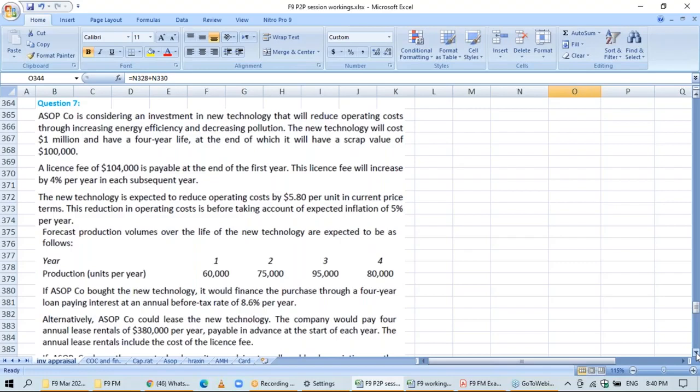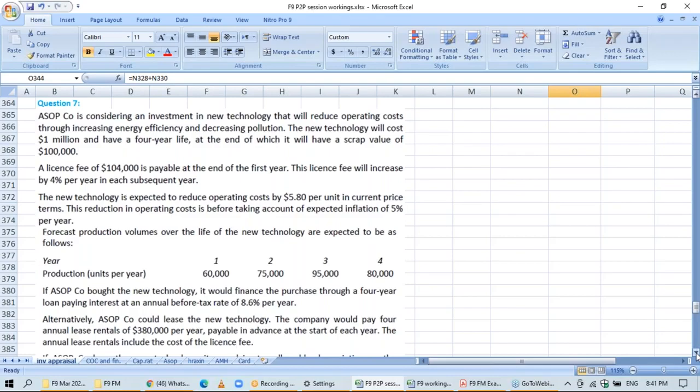Suppose the company borrows funds from a creditor and purchases the machinery, the equipment or the factory involved in the project outright, and it becomes the owner of the assets. So one is this option. The other one is to obtain it on lease, on rent.